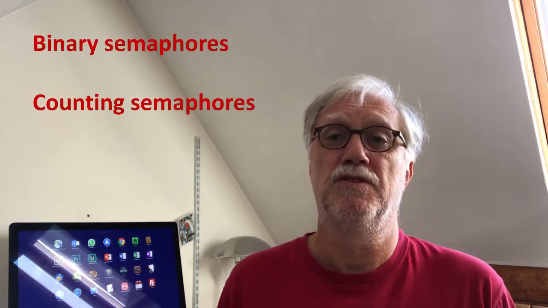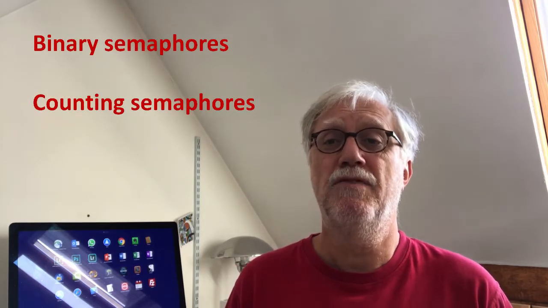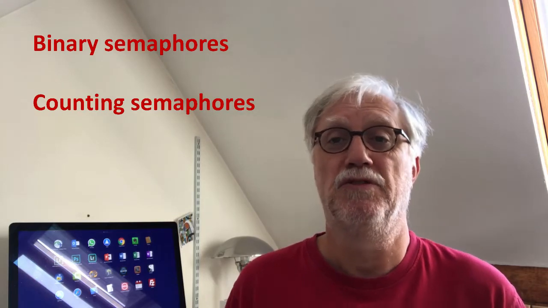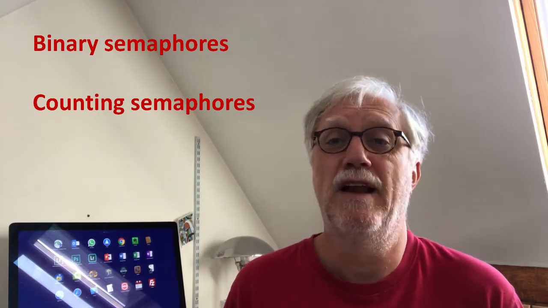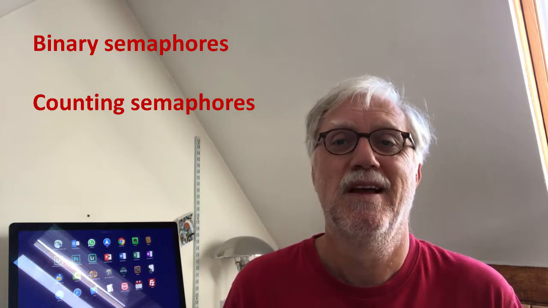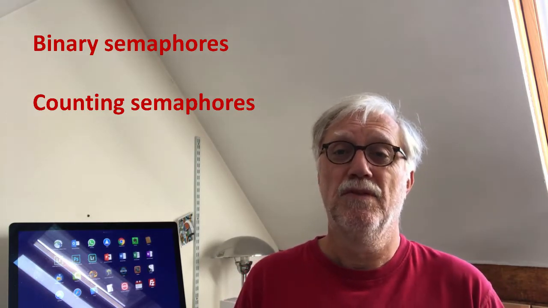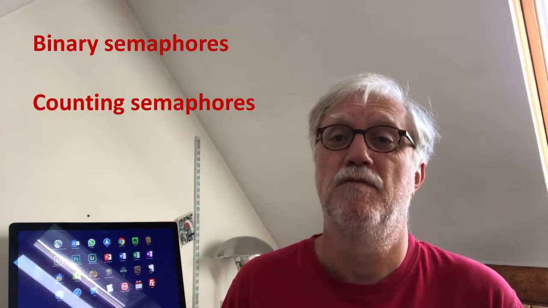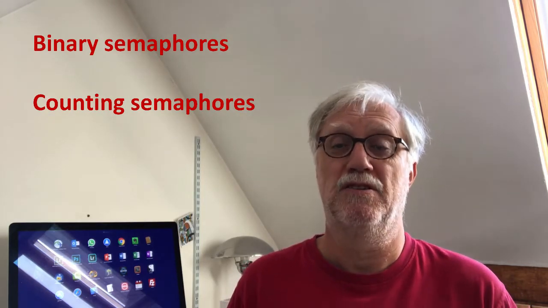Now, semaphores come in sort of two forms. There are binary semaphores. Now, a binary semaphore is a very simple flag. It's either set or not. So if you like, it has two values, 0 and 1, hence the name binary. The other kind of semaphore is a sort of superset of a binary semaphore, which is a counting semaphore.